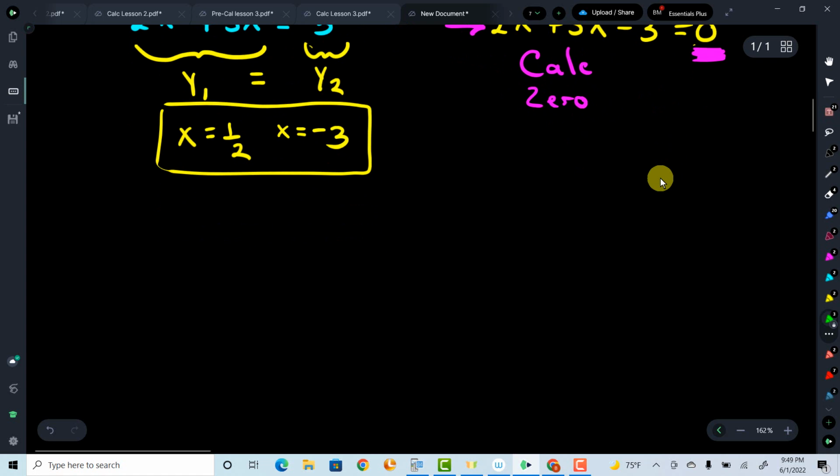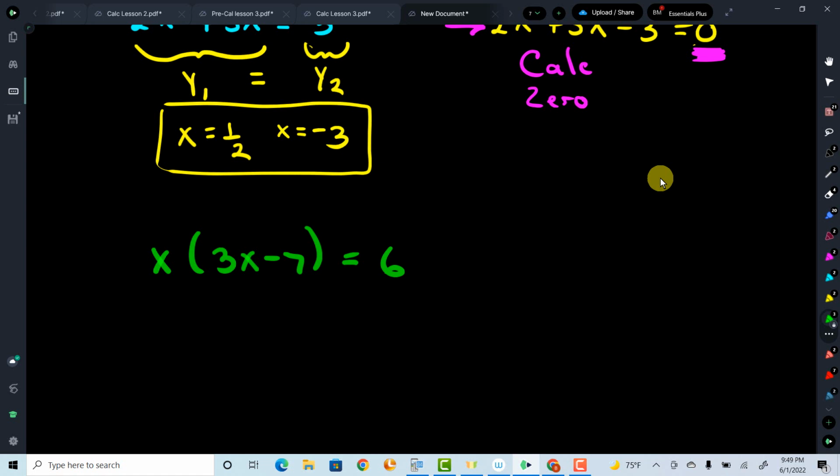So for instance, if I have x times 3x minus 7 equals 6, I know this is quadratic because if I distribute that x, I'm going to get a 3x squared. And that's all I really need to know. I don't actually need to distribute it and simplify it and all.